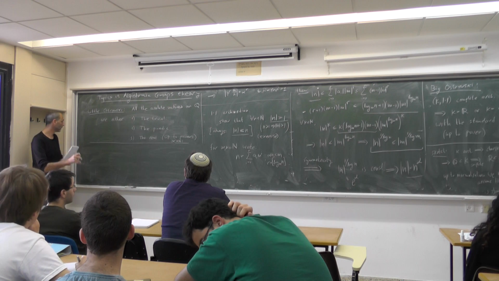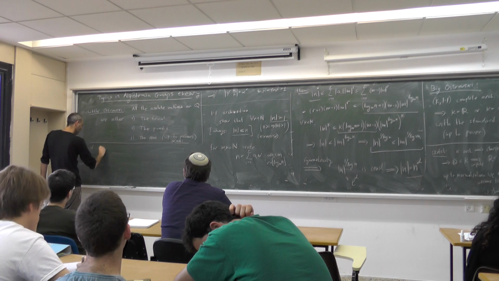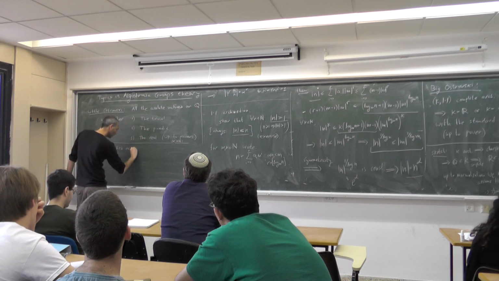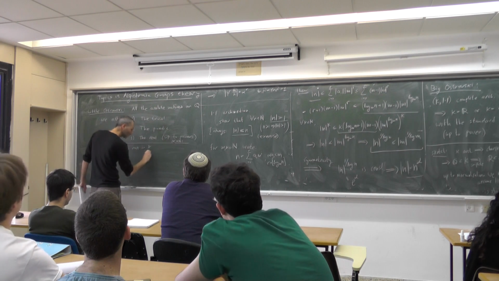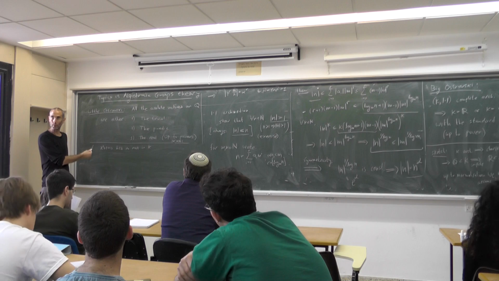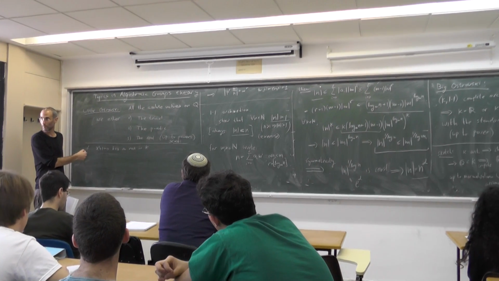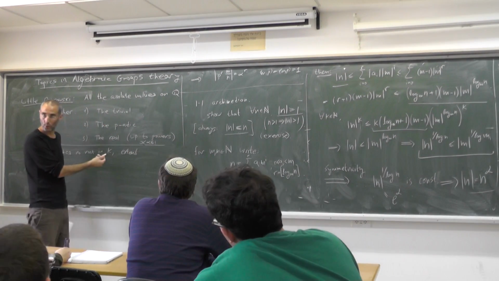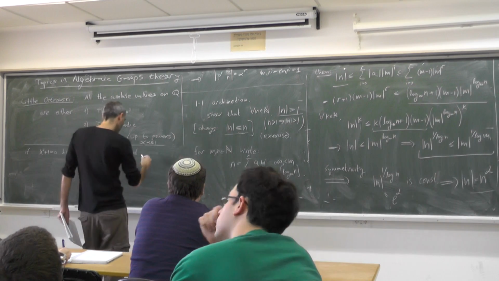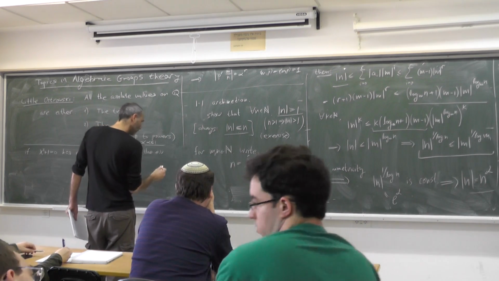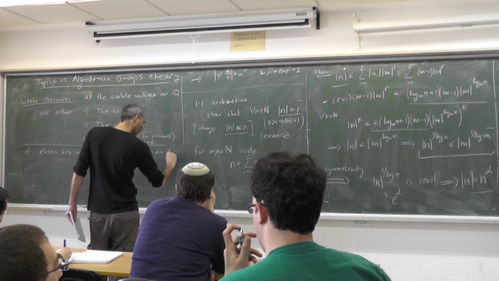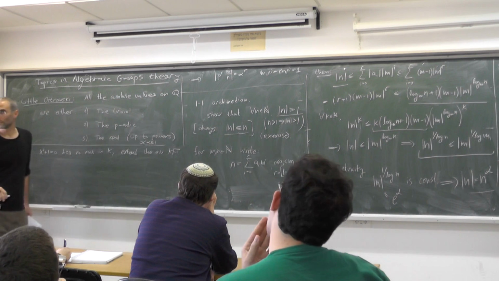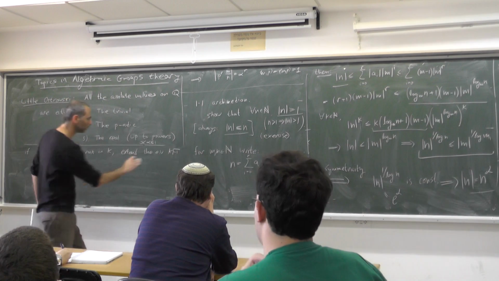So I want to add to make sure that K actually contains the complex numbers. And again, not entirely trivial thing to do is to see how to extend the absolute value to a complete absolute value on this one.